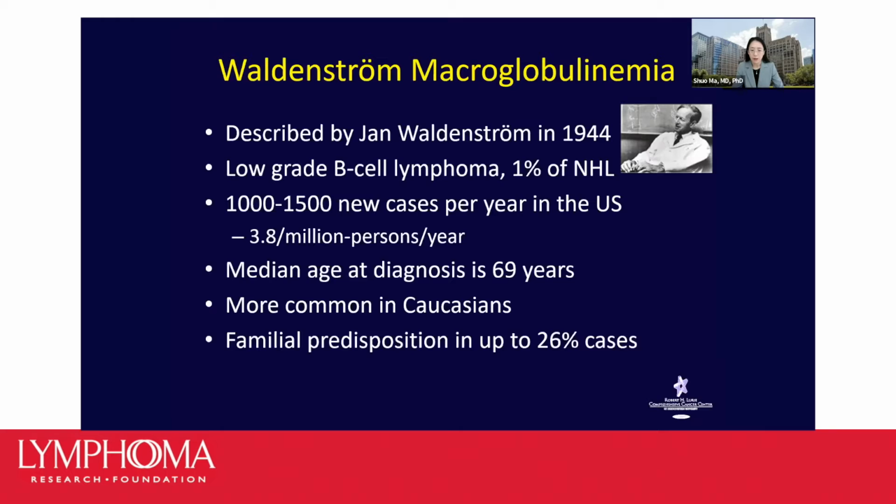It has a higher incidence in Caucasians compared to other ethnic groups. Most Waldenström patients do not have a strong family history, so we believe, just like most other cancers, this is a random sporadic event. But about 20% of patients do have a strong family history, so we believe those patients have a genetic predisposition for developing this type of disease.